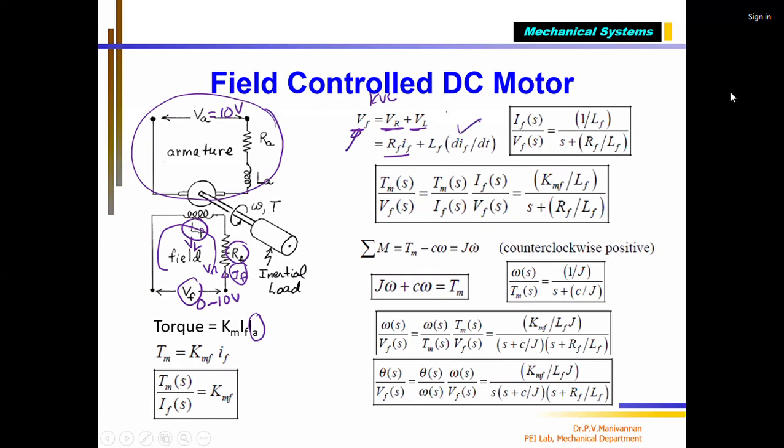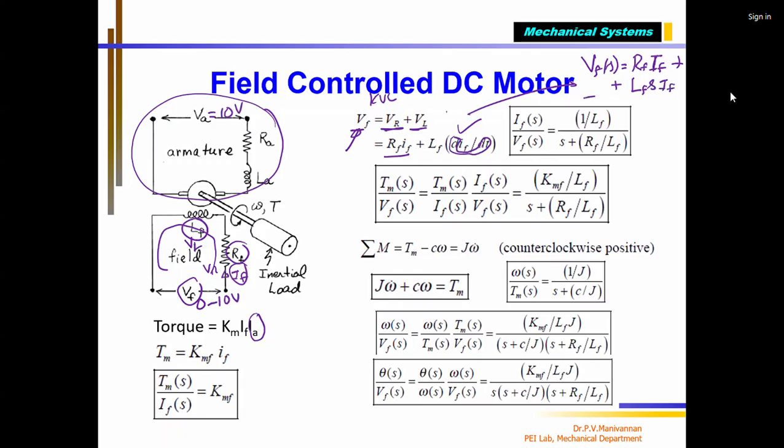This can be converted to the Laplace domain, correct? That is nothing but VF of S equal to RF into IF plus LF into d by dt, which becomes S into IF, right?